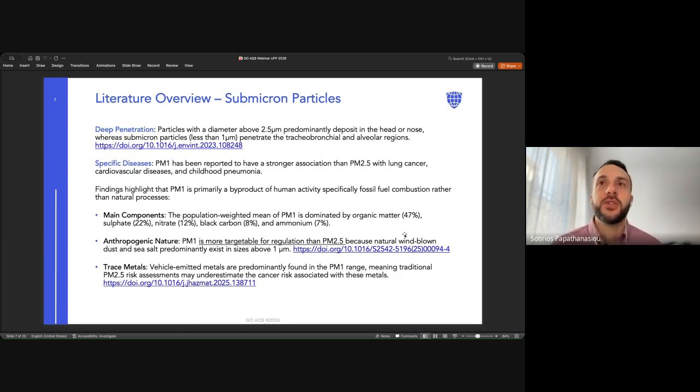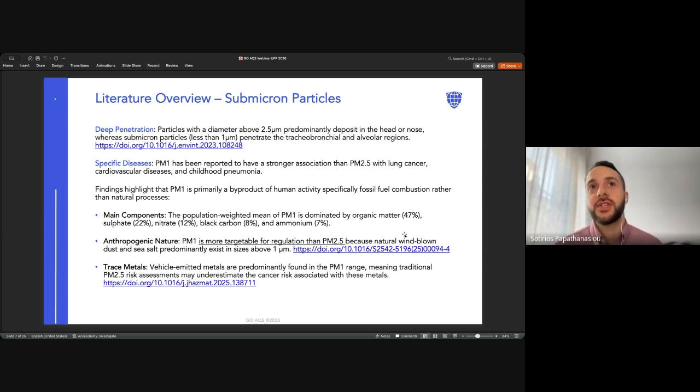And then the main composition of the particles: in some studies, they find 47% are sulfates, 22% nitrates, 8% black carbon, and 7% ammonium. Mainly, it is of anthropogenic nature.